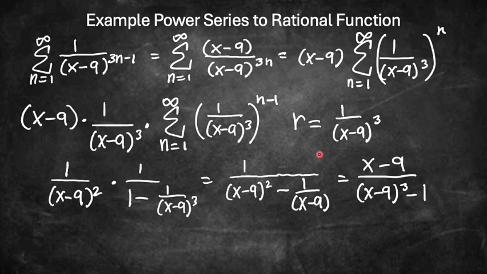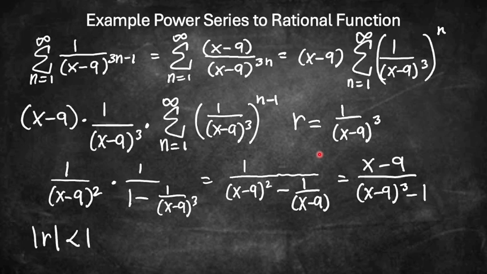So now, in order to write it as that finite sum, we need to find the values of x so that the common ratio is less than 1. Or I should say the absolute value of the common ratio is less than 1. So this is what's going to make it so that it can converge to this finite sum.